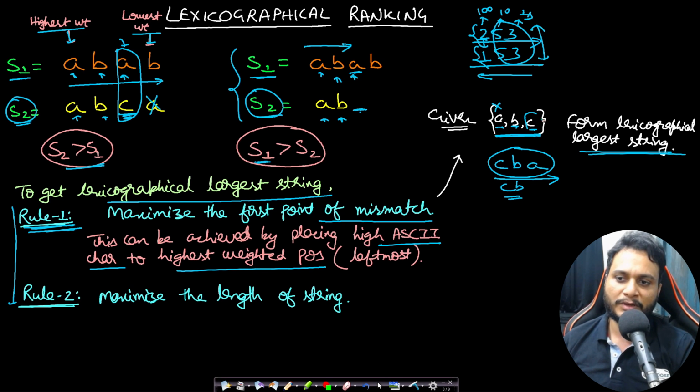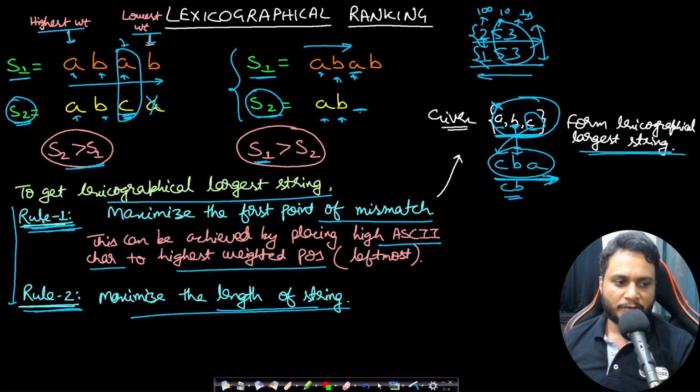That means the highest one will go to the highest weighted position, the second highest will go to the second highest weighted position, and so on. Build the string, and you should also keep in mind that we have to maximize the length, because if we have certain characters in hand, use them all. Use them all, because if you leave even a single character, then we can prove that if you had used it, you could get a higher lexicographically ranked string.